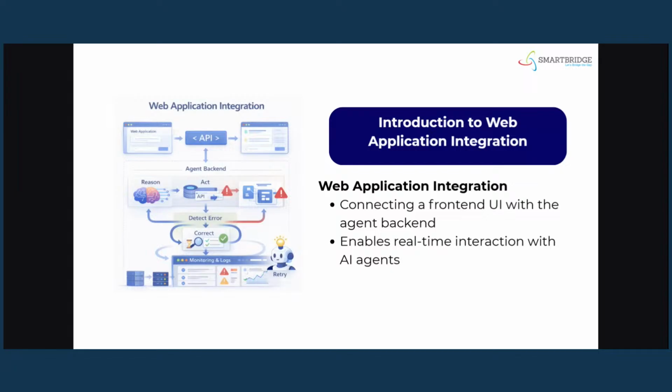Good integration ensures that users can interact with AI agents naturally, without needing to understand what happens behind the scenes. When web applications and the agent backend work well together, the AI feels helpful, trustworthy and easy to use in real world situations.